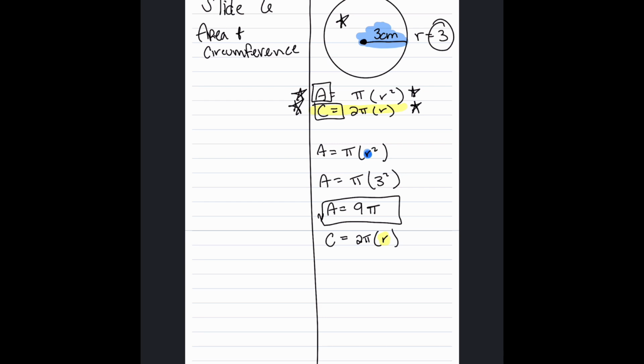And we don't replace anything else. We're never going to replace the constant 2. We're never going to replace pi. It's always going to be the radius. In this case, the radius of our circle was 3. Then I multiply 2 times 3 to get 6, and I bring the pi. So of that circle, the area was 9 pi, and the circumference was 6 pi.